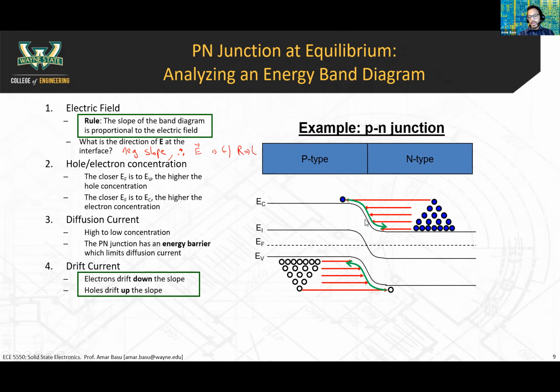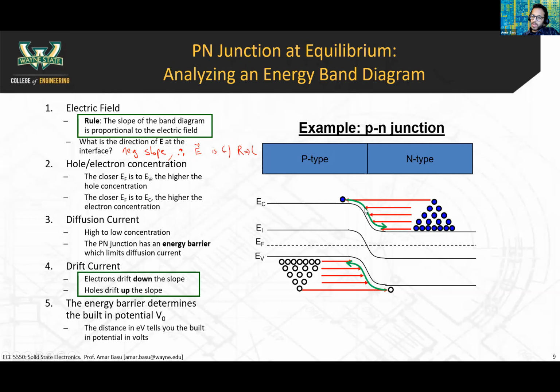So now we can take a look at this again from a more holistic perspective. Some electrons here have enough energy to diffuse over directly to the other side, despite what we call this energy barrier. Other electrons can start diffusing over, but because of the energy barrier, they can be drifted back down this way.